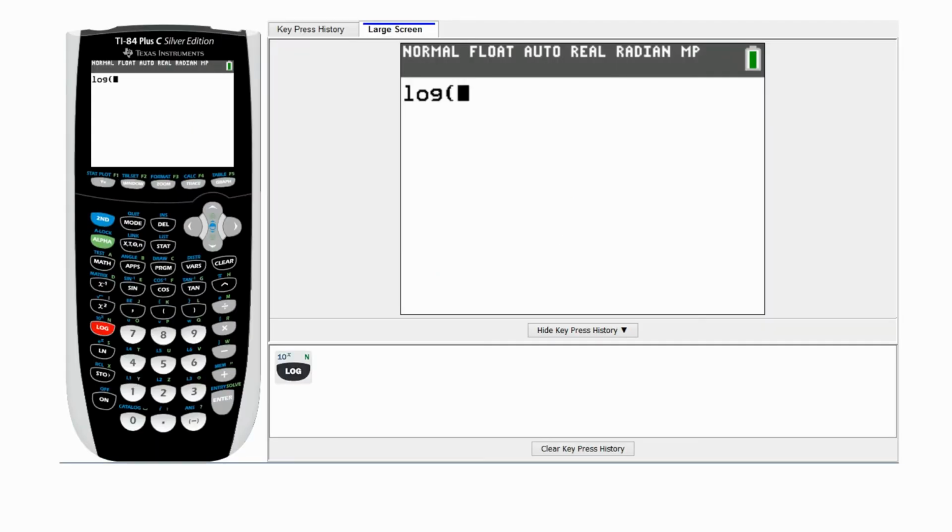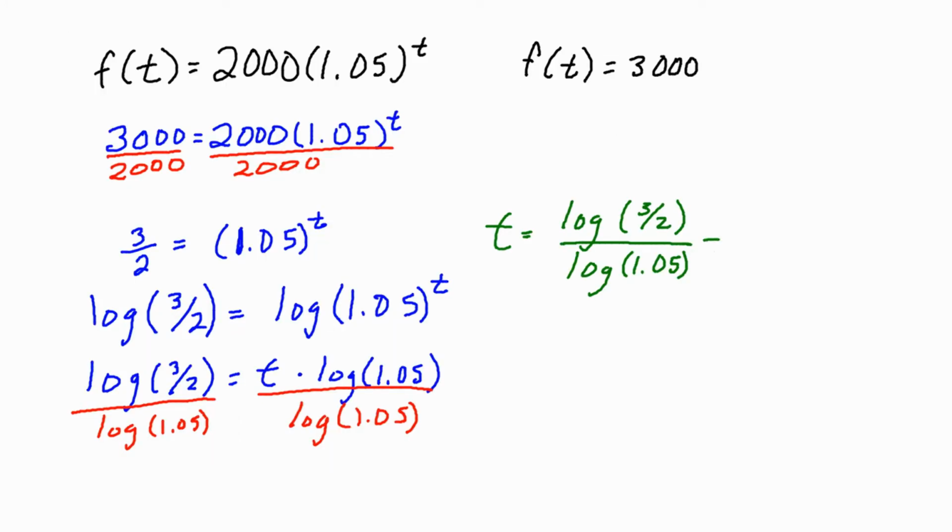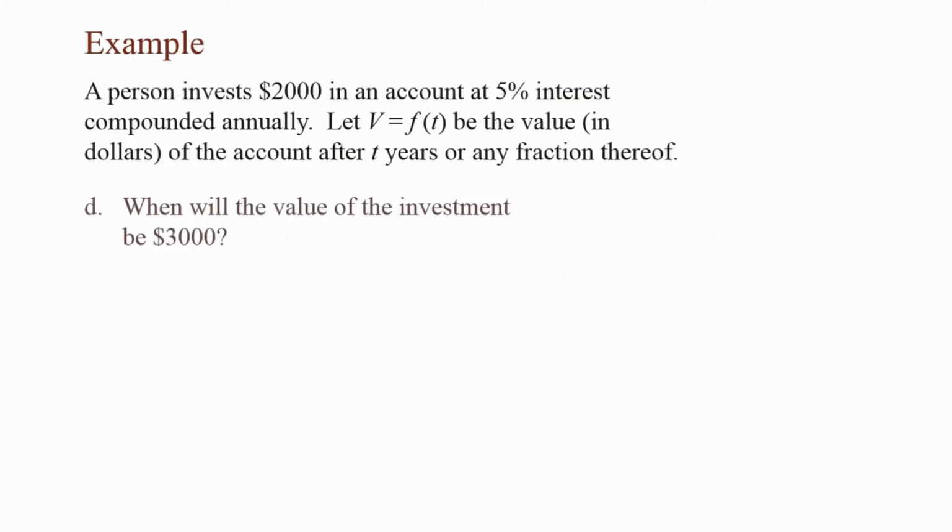So we start with log 3 divided by 2, close parenthesis, divided by log 1.05, close parenthesis, enter, and my result is 8.310386223. Rounding to the nearest tenth, that gives us 8.3. So the value of the investment will be $3,000 in 8.3 years.